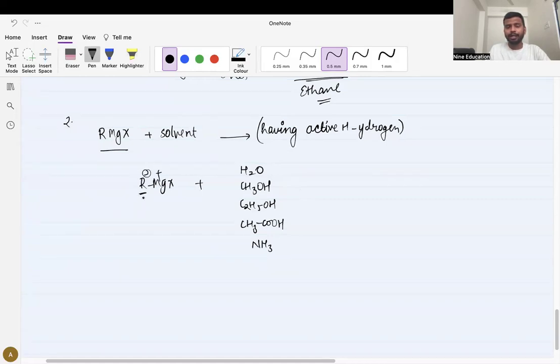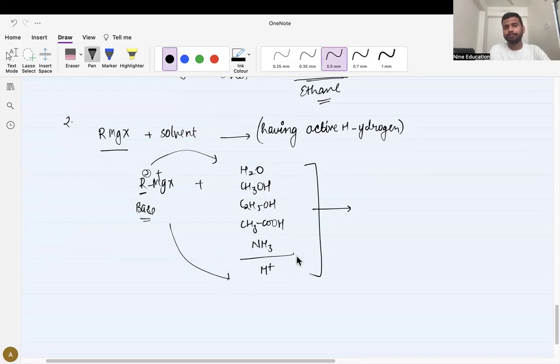This Grignard will act as a base. It will take the H positive from the solvents, है ना? So अगर इनके साथ ये आ गया तो ये R negative will take the H positive of the solvents and will make R and H.